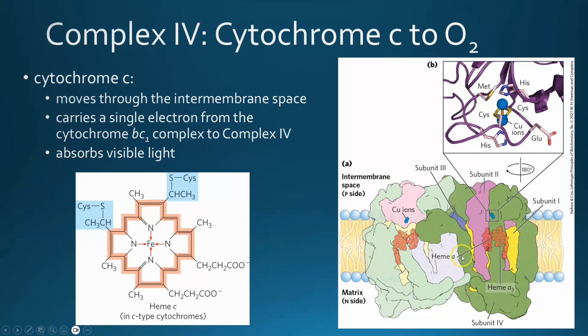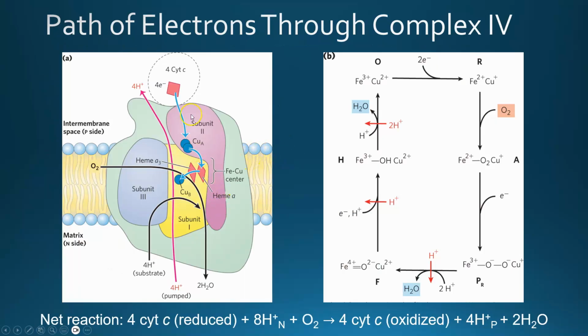You can see the hemes here. These would be copper ions in the various subunits that are also part of the electron transport chain. And in that pathway, 4 more protons are pumped from the matrix to the intermembrane space. Again, you're not responsible for the details of the electron transport mechanism.